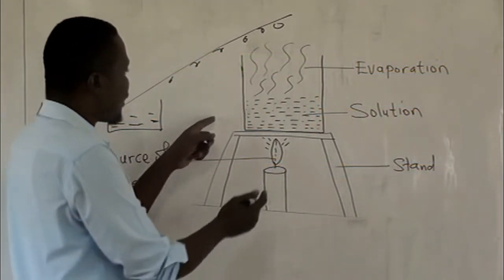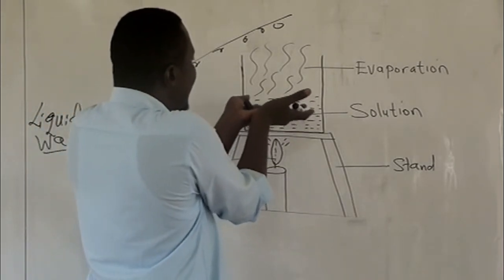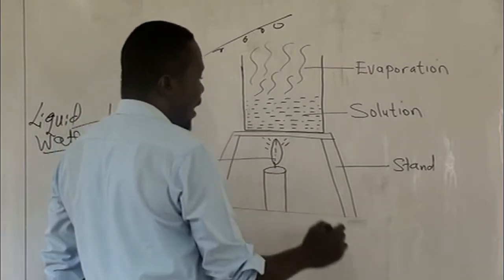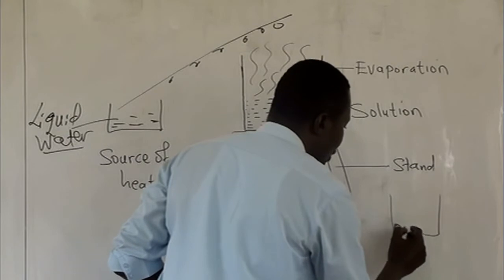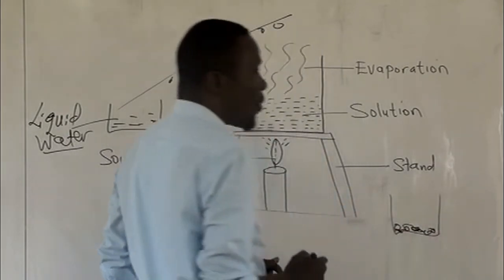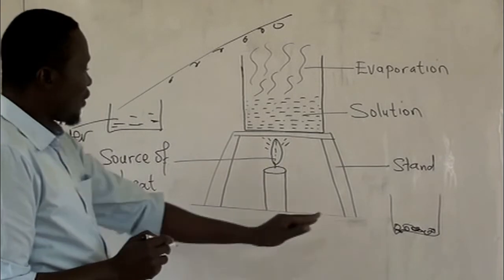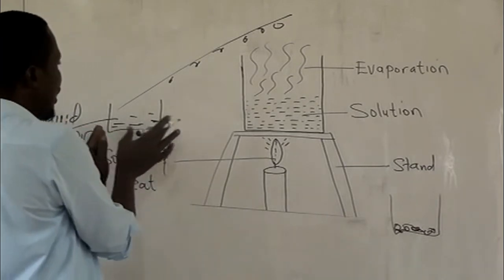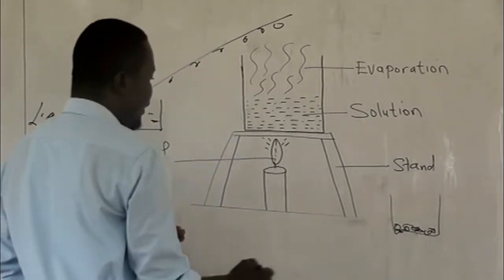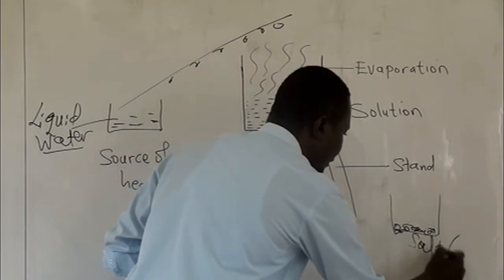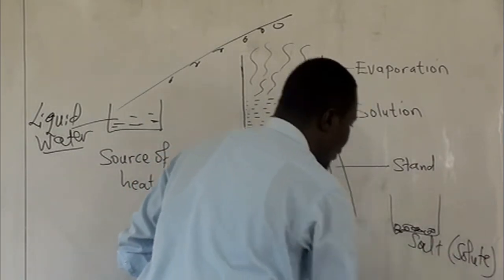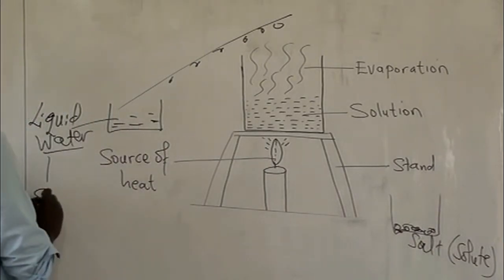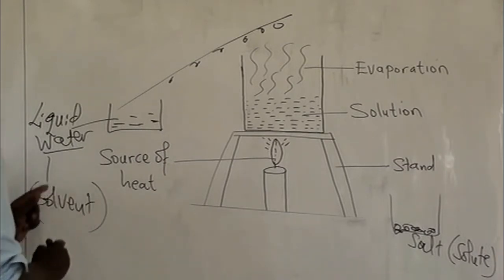On the other hand, when this has boiled and everything has evaporated, at the bottom of the boiling pan we shall have our salt. So, at the end of it all, we shall have the solute, which is salt, separated from the solvent, which is the liquid water.